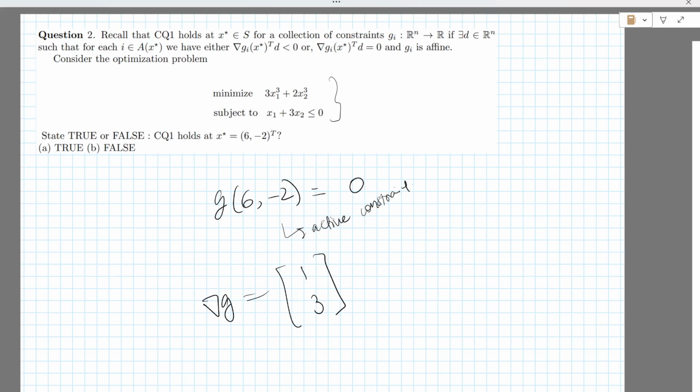And I can define some direction. If I have d = (d1, d2) and say d1 less than 0 and d2 less than 0, then this transpose d will also be less than 0.